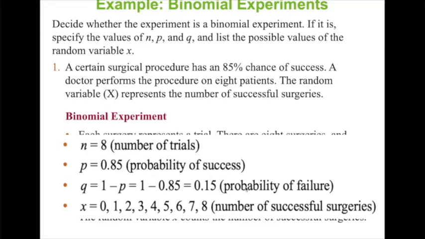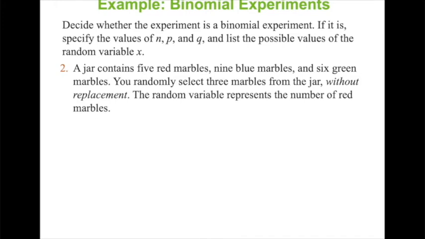This is the probability of failure. And X, that represents the number of successful surgeries, can be 0 successful surgeries, 1 successful surgery, until 8 successful surgeries. So again, it is a binomial experiment. Okay, next one.